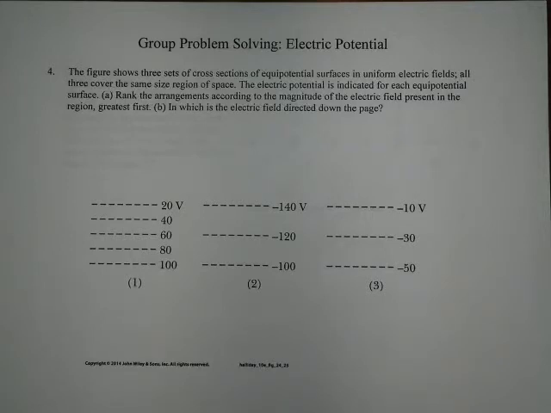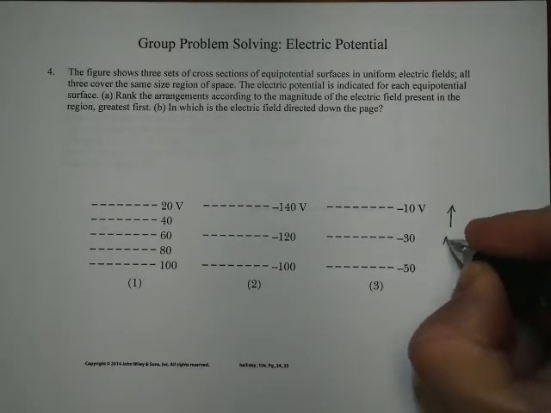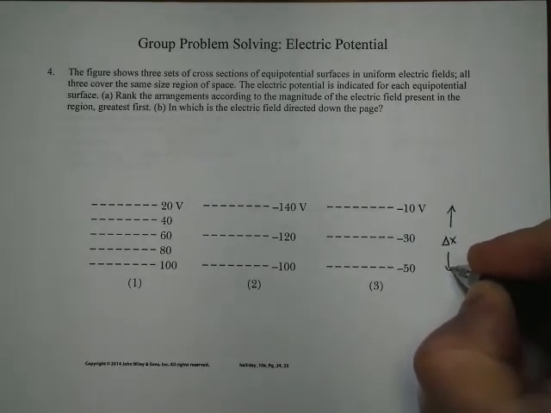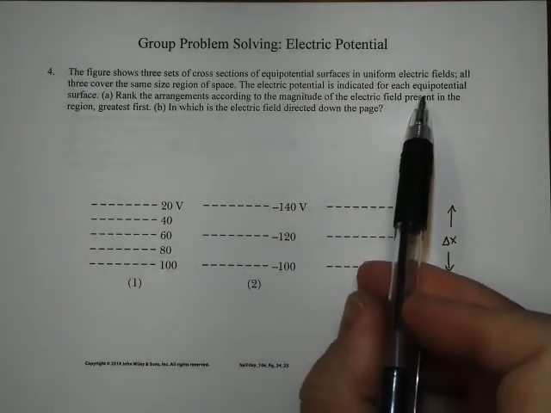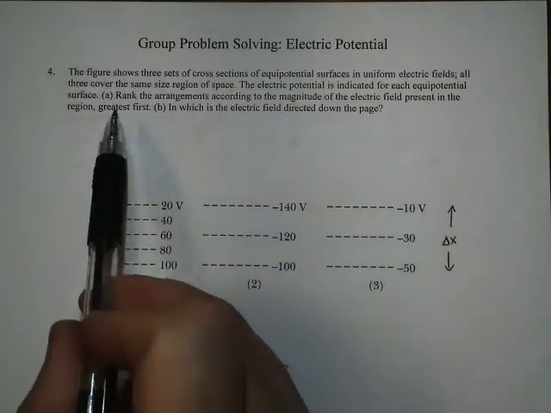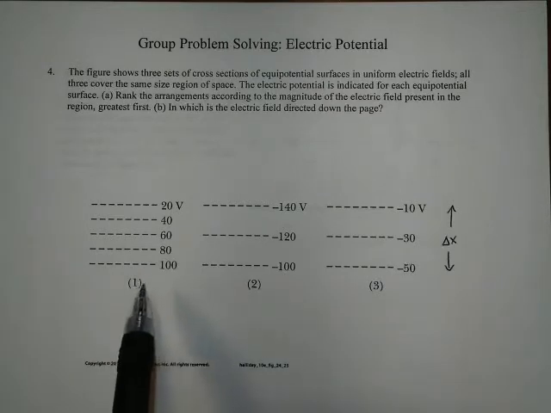All 3 cover the same size region of space. So that's code for this distance right here, whatever that is, the same in all 3 of these pictures. The electric potential is indicated for each equipotential surface, so rank the arrangements according to the magnitude of the electric field present in the region, greatest first.